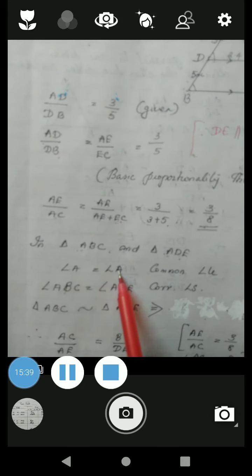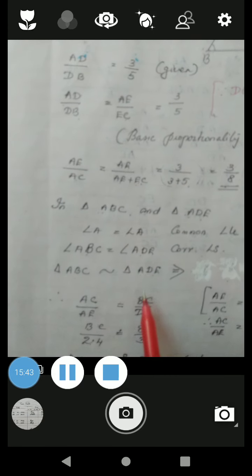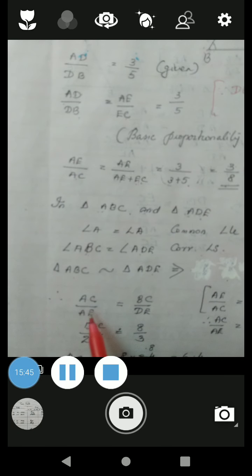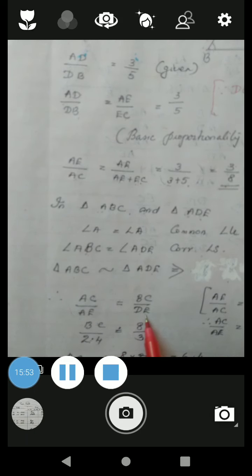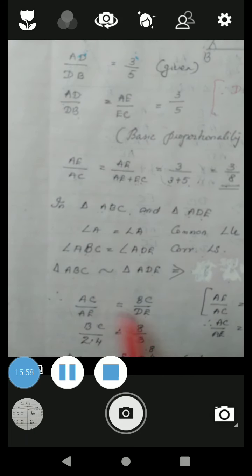Angle A equal to angle A, and two corresponding angles, therefore these two triangles are similar, therefore corresponding sides are in proportion. AC by AE equal to BC by DE. Substitute values and then simplify, you will get BC is equal to 6.4.